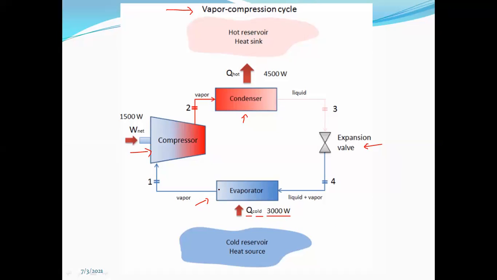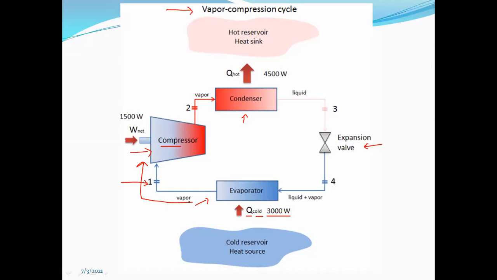After the evaporator, the vapor goes towards the compressor through the first valve. Please note that the symbol after it looks like a capacitor, but it is not a capacitor, it is a certain valve. After the evaporator, the vapor is taken inside the compressor.